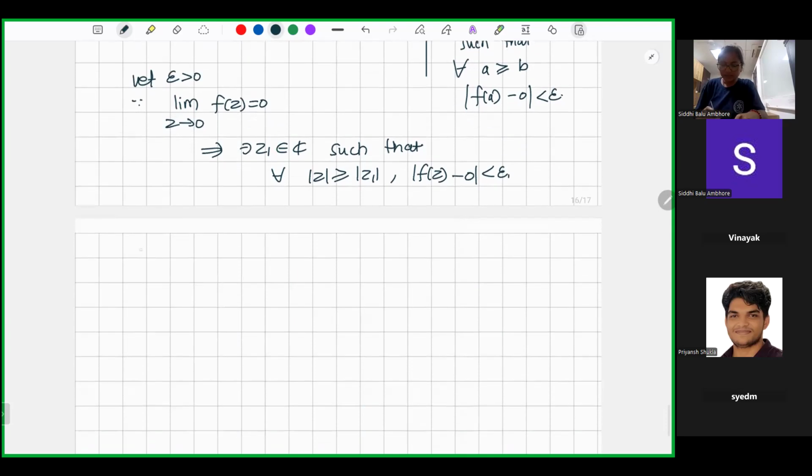And similarly, for this same epsilon, the limit as z goes to infinity of g(z) is 0.